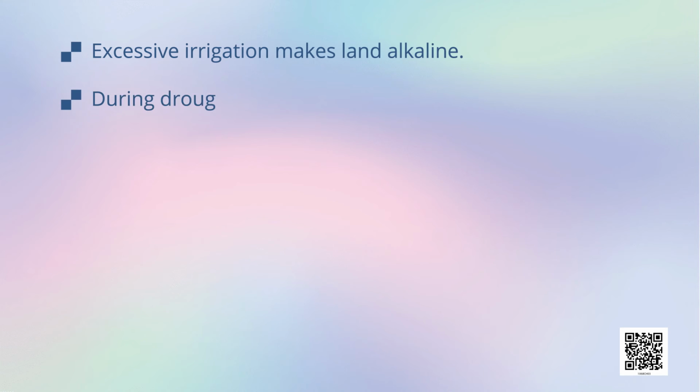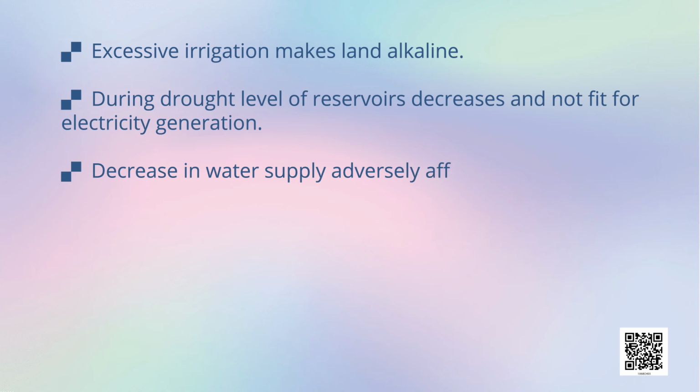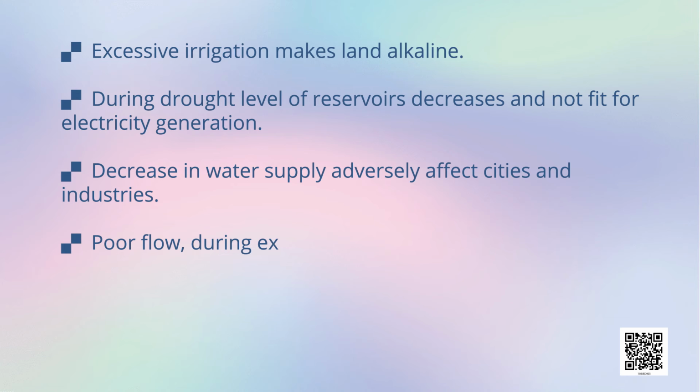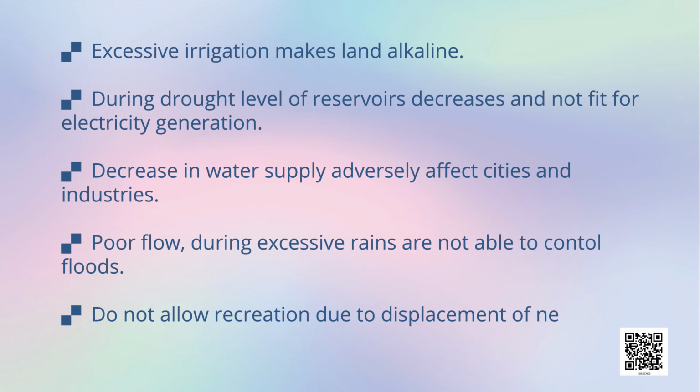First, excessive irrigation makes land alkaline. During droughts, the level of the reservoir decreases and is not fit for electricity generation. Decrease in water supply adversely affects cities and industries. Poor flow during excessive rains means floods cannot be controlled. Next, they do not allow recreation due to displacement of nearby people.